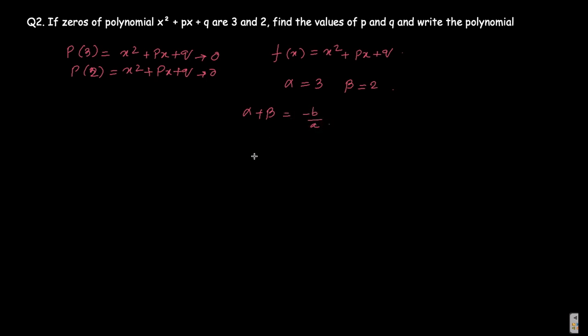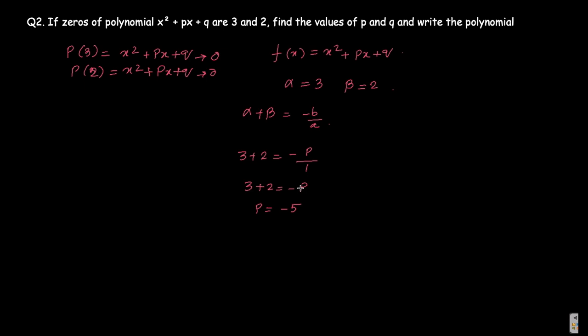Alpha plus beta means 3 plus 2 is equal to minus p by a, and the coefficient of x square is 1. So 3 plus 2 is equal to minus p, that means p is equal to minus 5.